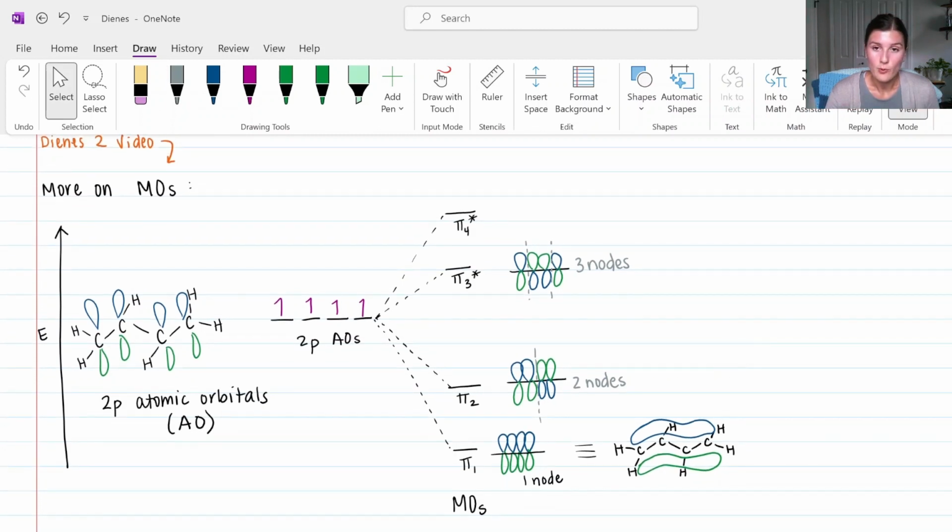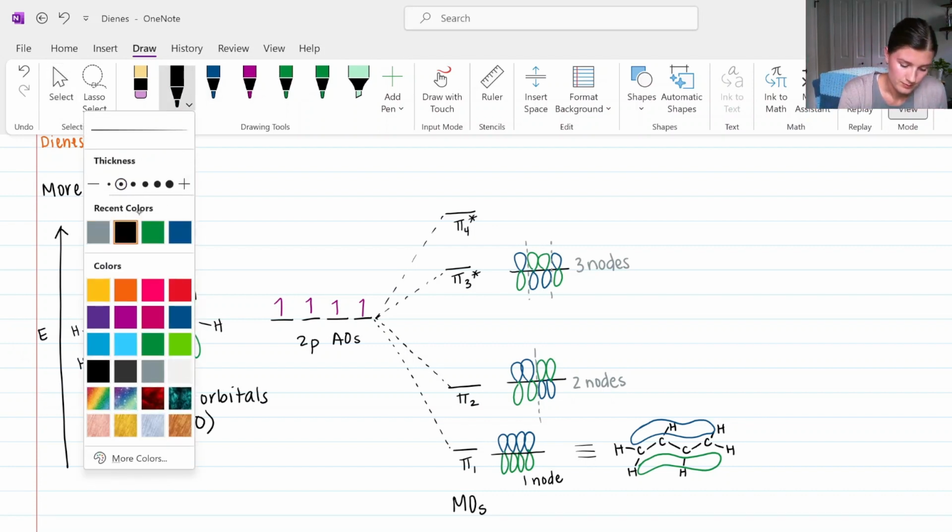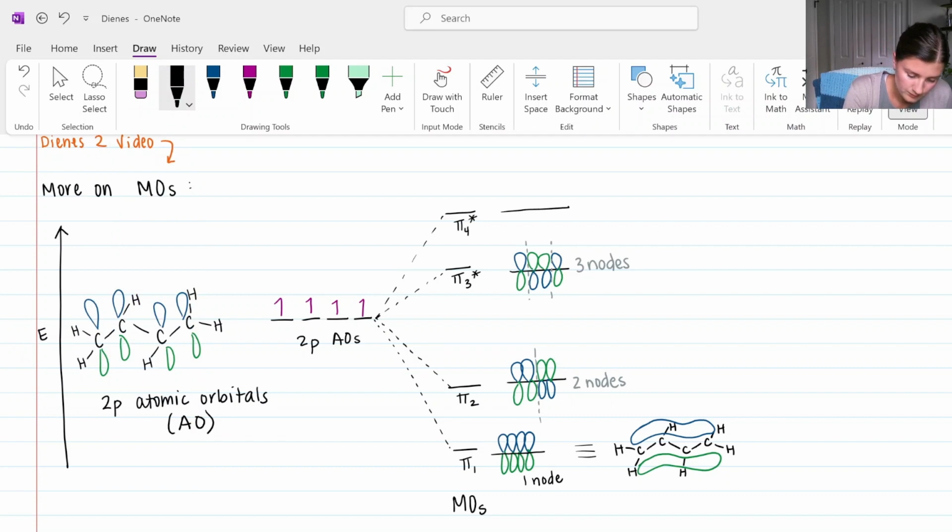And then in pi 4, we'll have 4 nodes, and that's where for each p orbital across the linear molecule, the phases are flipped. So if our first p orbital for carbon 1 looks like this, then our p orbital for carbon 2 will be opposite phases. P orbital for carbon 3 will be the opposite phase.